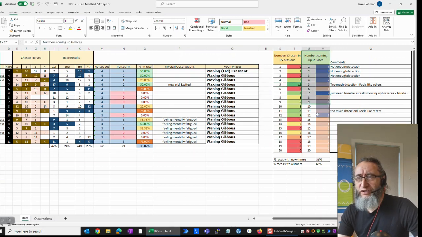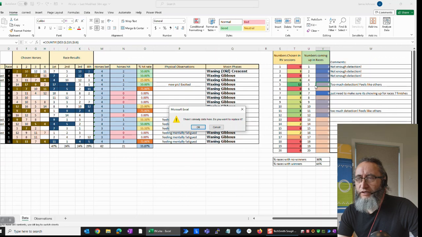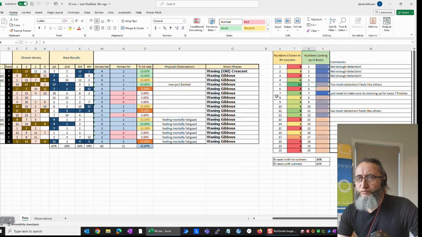That's where the second chart comes in. This is charting the horses that came through and resulted. I chose 5 12 times. He only showed up 4 times. So I chose him 12 times, 4 times. So obviously I like him way too much.